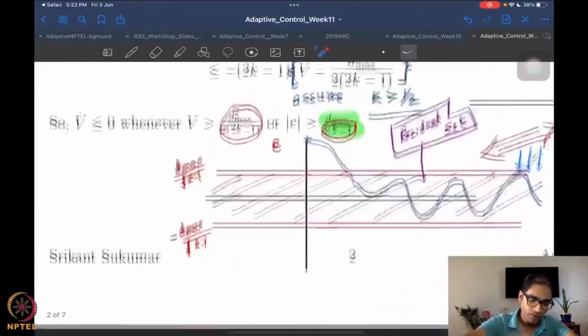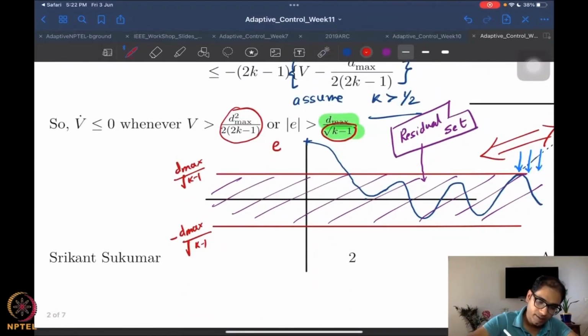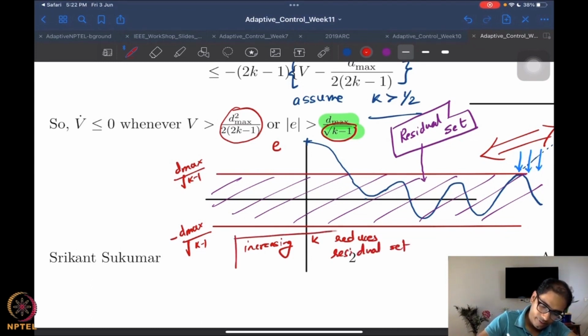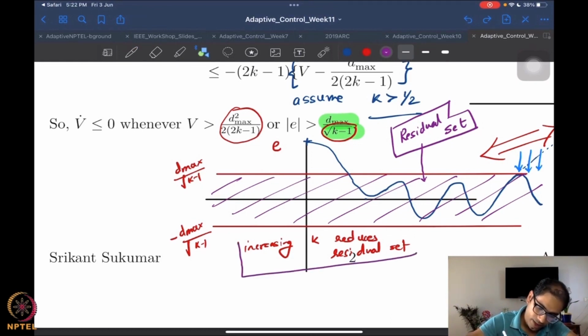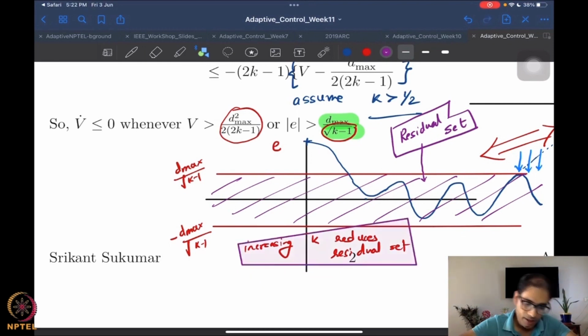So increasing K reduces the residual set. Increasing the control gain will reduce your residual set size. This is a rather nice, cool property.